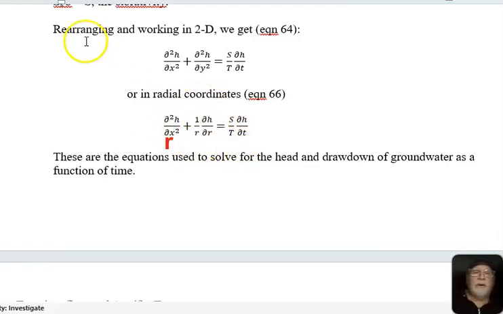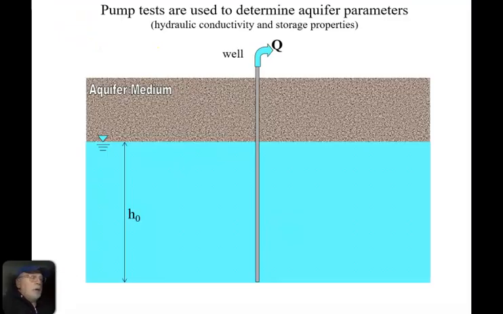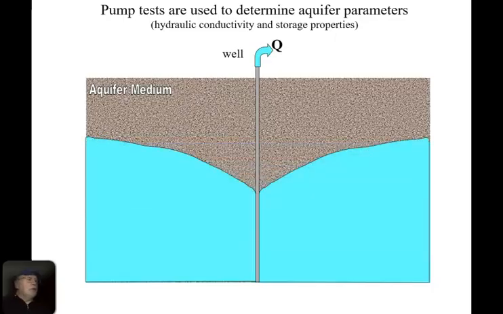Now we need to solve that thing. But first of all, let's take a little aside and talk more about the storativity. I'm going to go through this little PowerPoint. I copied and pasted some of this into your notes. We're going to use pump tests to determine aquifer properties. When we start pumping on a well, we have some drawdown.